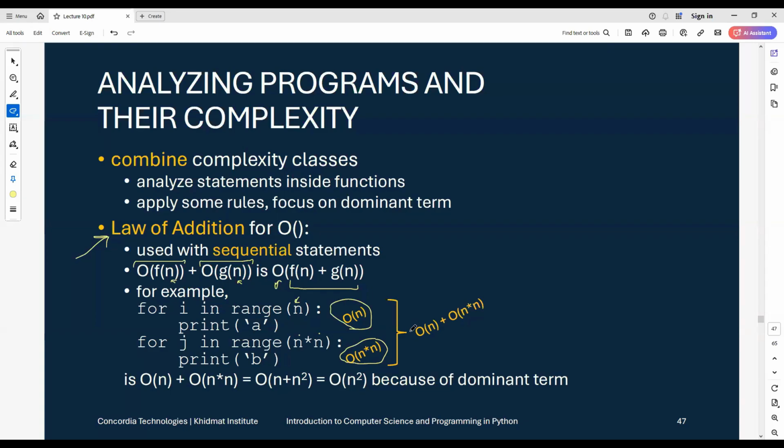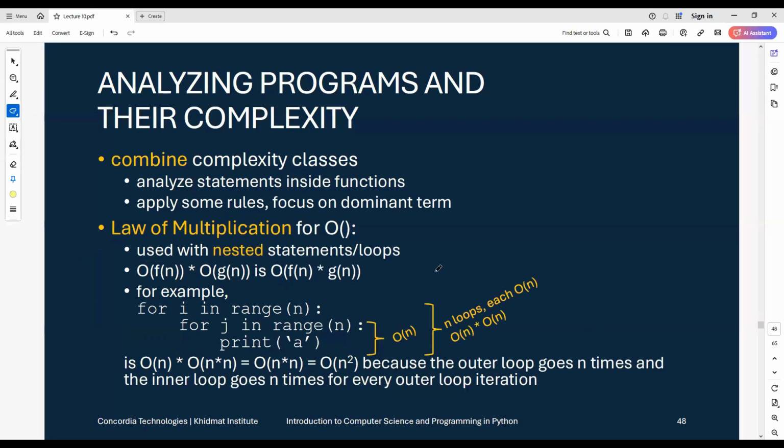And when we add them up, it is big O of n plus big O of n squared. Here, this is the dominant term, and this becomes insignificant when n is very large. So our complexity for this overall 4 lines of code is big O of n squared, because n squared is the dominant out of n and n squared.